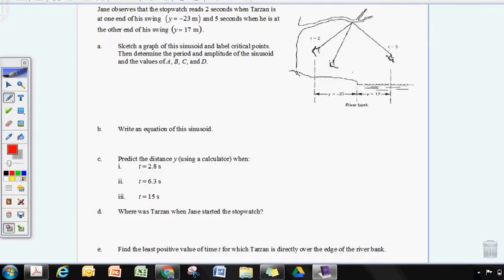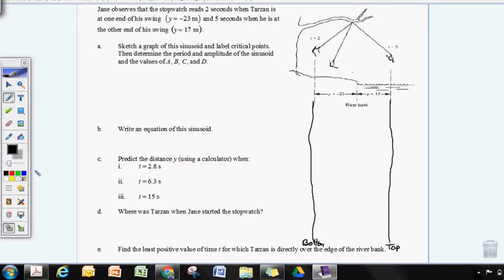So we've got this picture here, and we will come in and put times in here. You guys need to see this is as far out as Tarzan can swing. So this is kind of like the bottom of our graph. And here is as high out as he can go. This would be the top of our graph. Remember I told you that it's sideways?